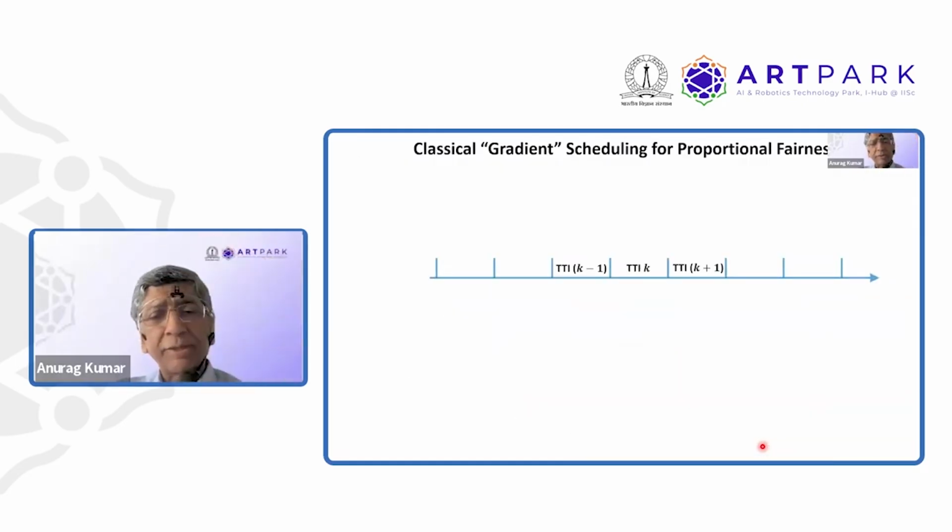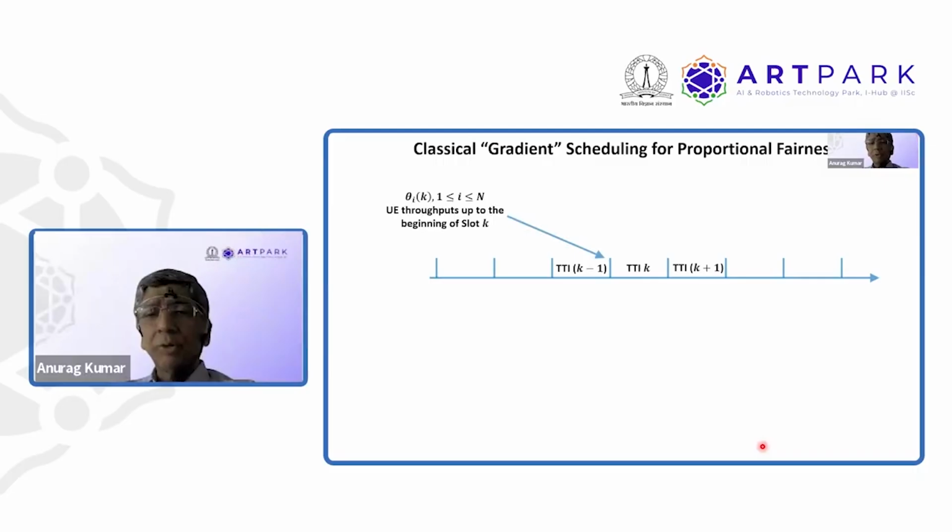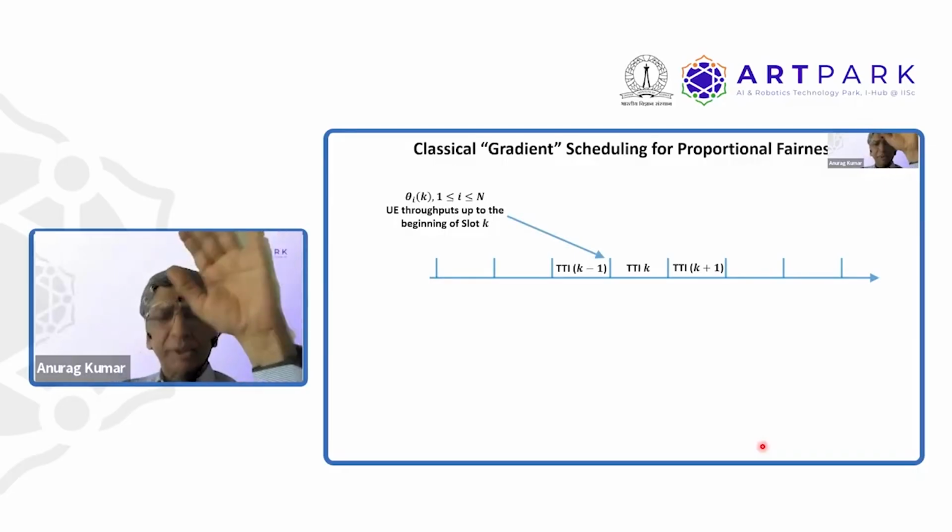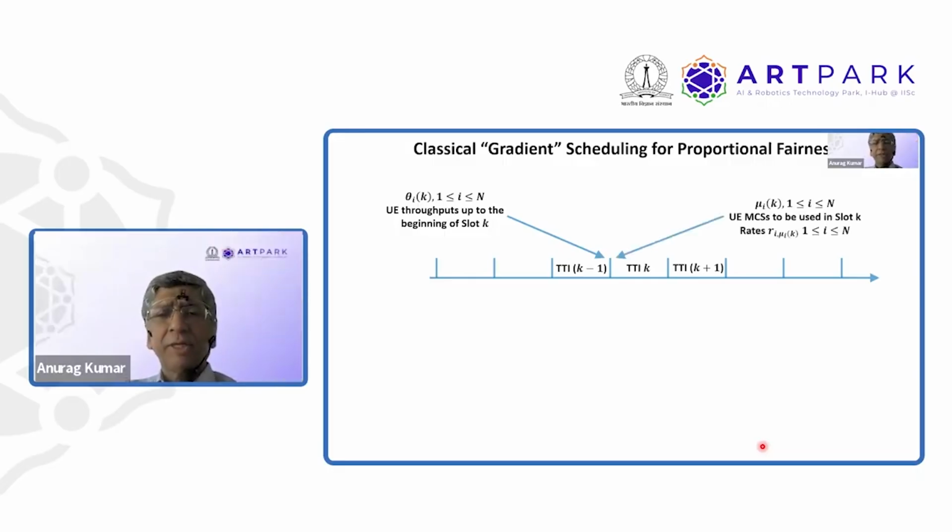Now, just a reminder, what is classical gradient scheduling? Sorry, I've used a word which is new. Let me explain the word in a few seconds. So proportional fairness, you already understand that. There is an MCS. I'm using some new notation now. Let me explain that. μ_i(k) is the MCS that is given to user i in slot k.